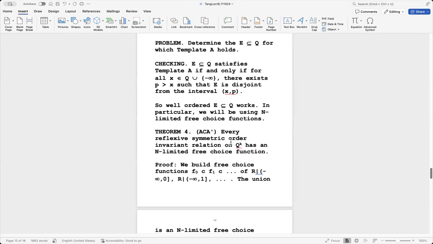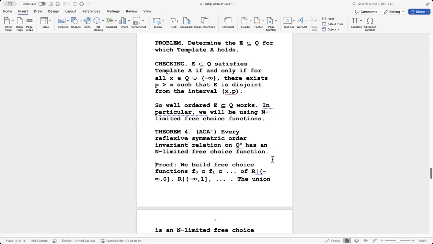Every reflexive symmetric order invariant relation has an E-limited free choice function. So that's the first positive result directly in invariant choice functions. Every reflexive symmetric order invariant relation on Q^k has an E-limited free choice function.